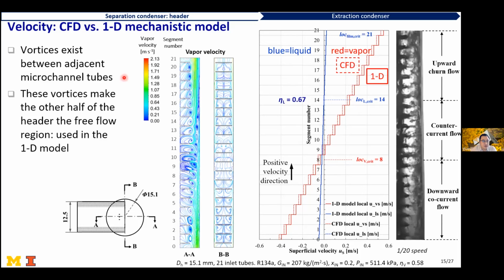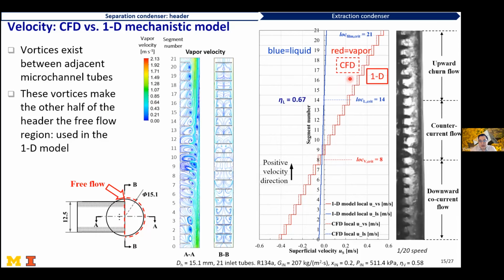So essentially, those vortices make the other half of the header, which is the right half of the header, the free flow region. So I use only this half of the header as the cross-section area to calculate the vapor velocity, and use that vapor velocity to calculate the liquid entrainment in the 1D model.